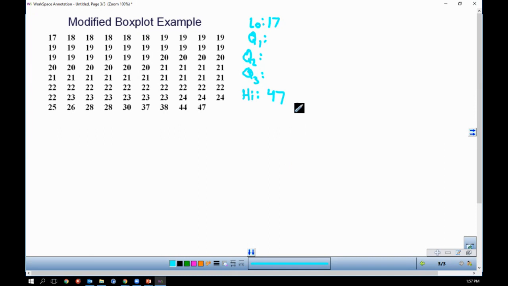Okay, so let's find the median here. We can use that little trick that I told y'all about. There's 79 data points. So subtract 1 from that, you get 78. It's the 40th point. So the 40th point is our median.